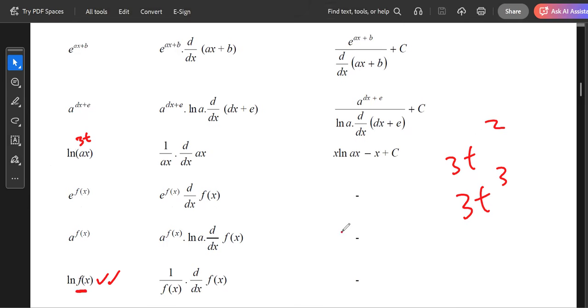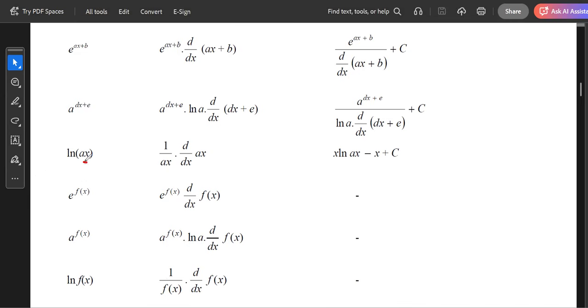Let's say you're asked to differentiate with respect to x something like the ln of 2x squared plus 3x. When you have got something like that, you can use this: 1 over that function times the derivative of the function of f of x. We have gone back to function of a function. So in our case, it was not that much because there is 3t.